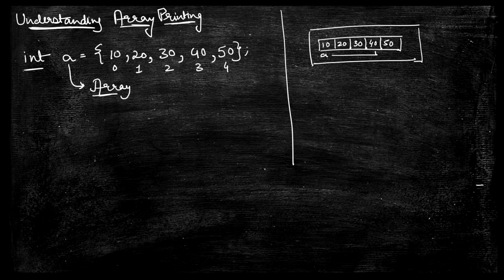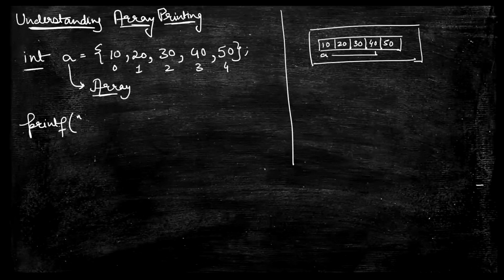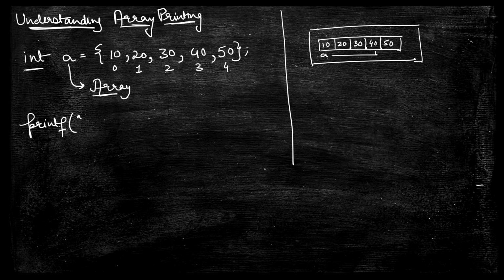Suppose you want to print 10. How will we print 10? We will write printf. Over here, the common thing, that is the percentage sign, is the format specifier. We are going to print an integer data type. So what is the format specifier for int? That is %d, comma, quotes close, then comma.